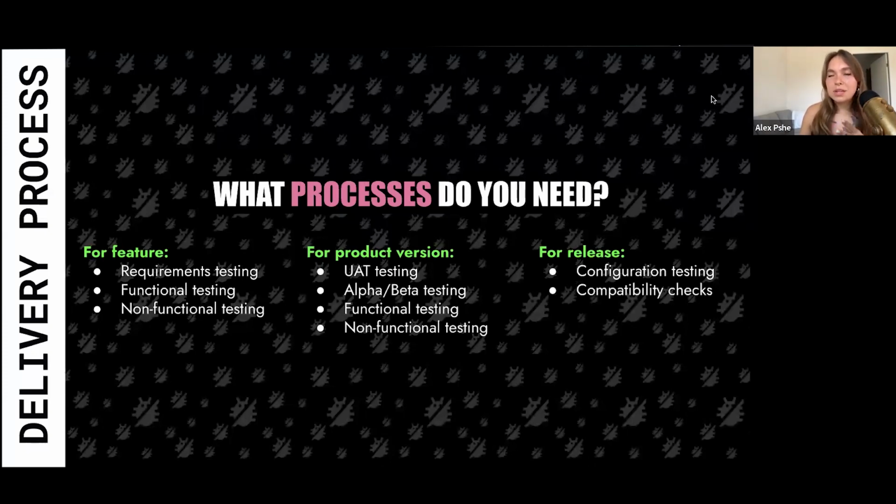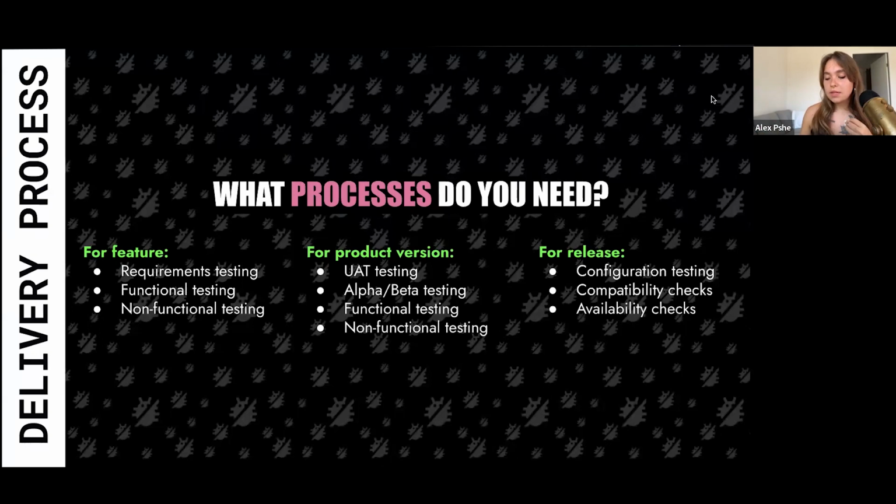Also compatibility checks. So sometimes, for example, if we have a lot of parts of our application, we can test each particular part independently, but after that we can realize that together they don't work. And availability checks also, and it's just a small number of the processes which we can follow.